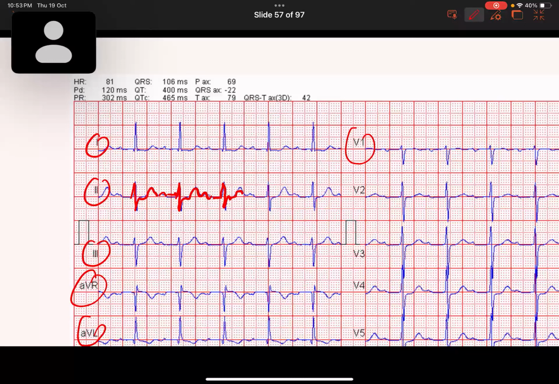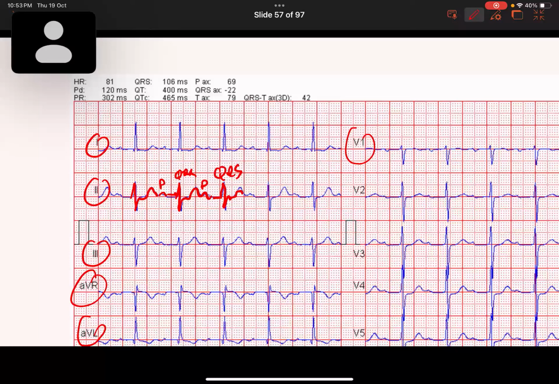Yes, because if you look at this P wave, there is a QRS complex here. And if you look at this P wave, there is a QRS complex here. When you ask this question, is there a QRS complex that follows every P wave, you're basically just asking, is this electrical impulse reaching the ventricles or is it not?